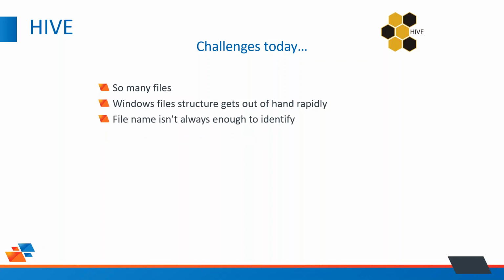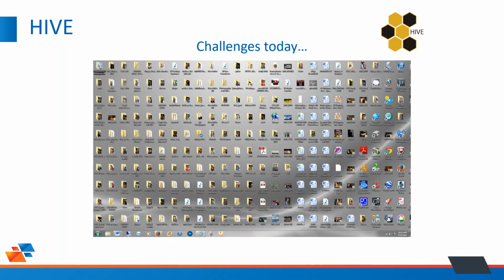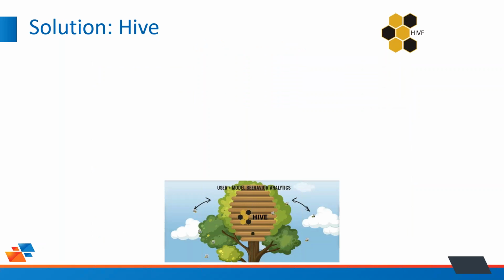File name isn't always the right way to identify the right family, and you're unable to access some of the files and content outside the family. And a lot of times our desktops end up looking like this, which to some might be funny, but to some not the greatest thing. The solution is HIVE.